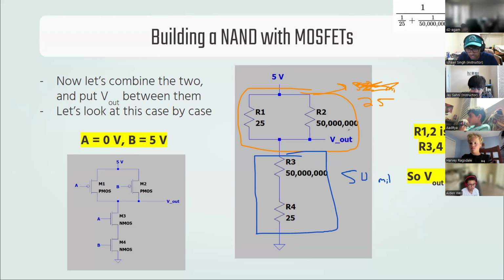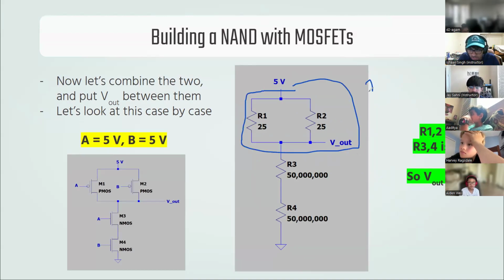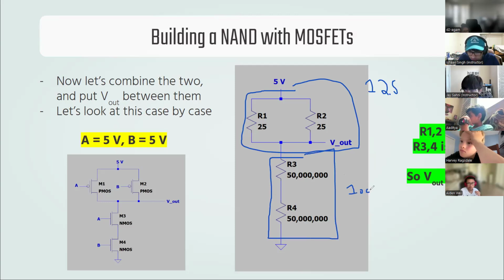So V out is again going to be much closer to 5 volts than it is to 0 volts. The interesting case is when they're both 0 volts. Now the resistance up here is about 12.5, and the resistance down here is about 100 million.